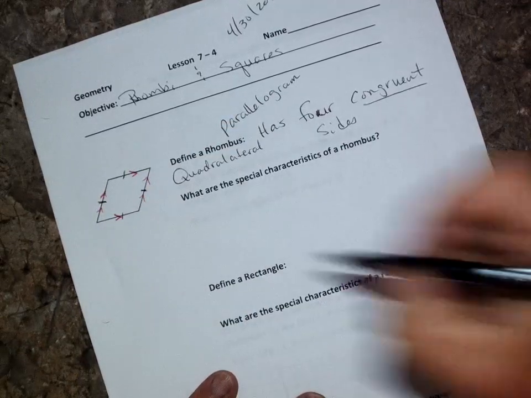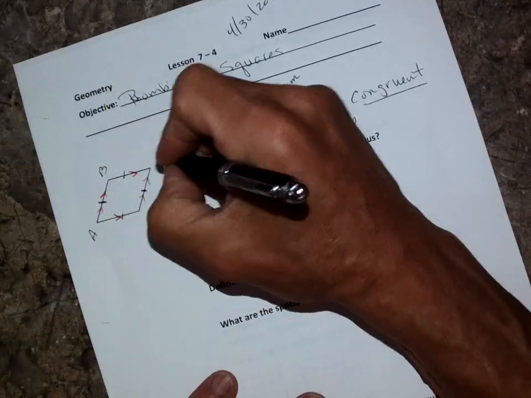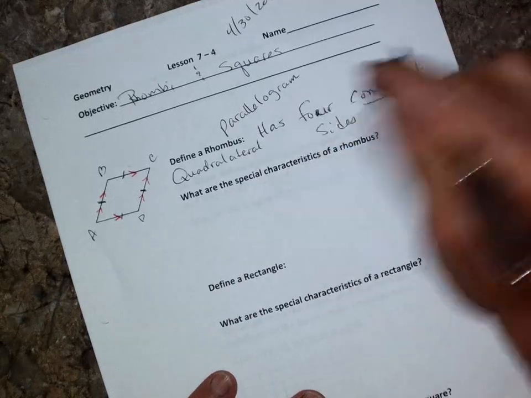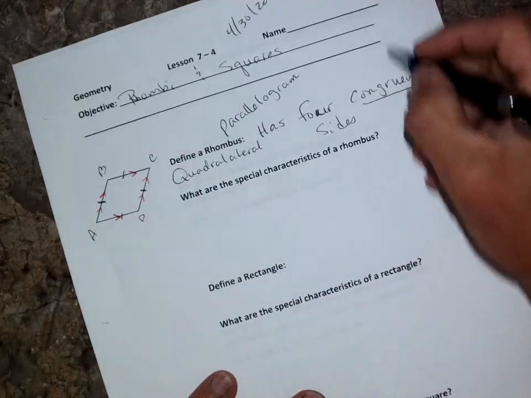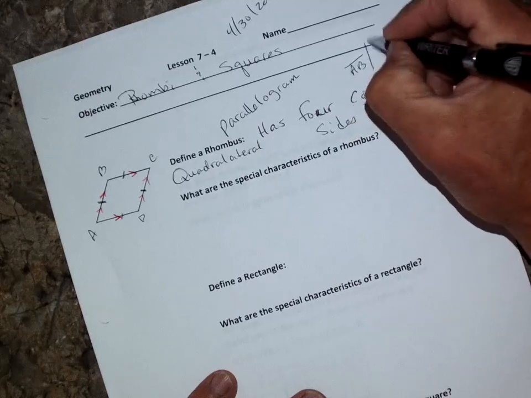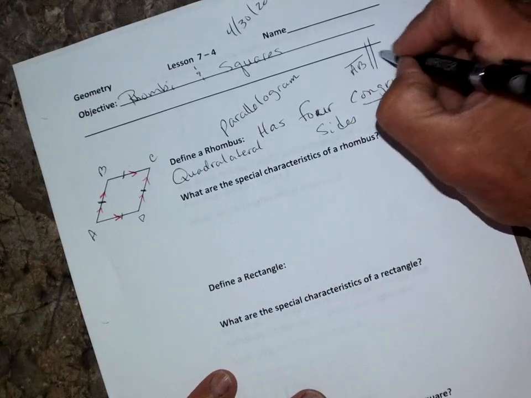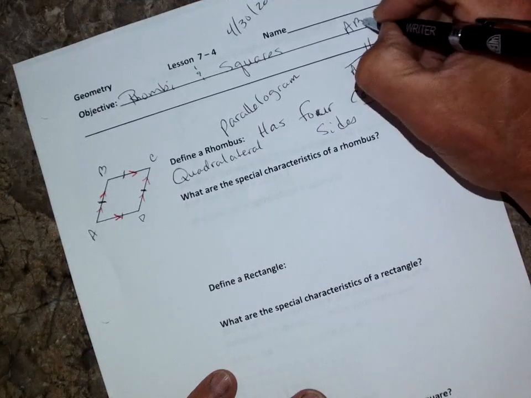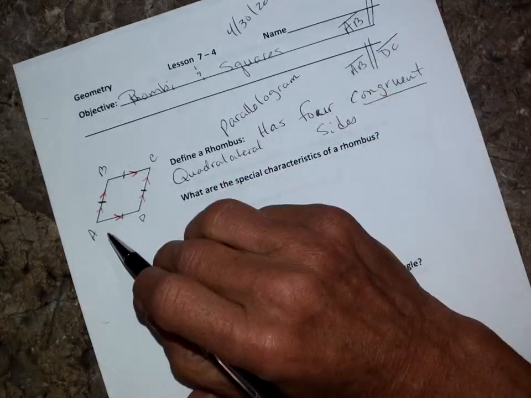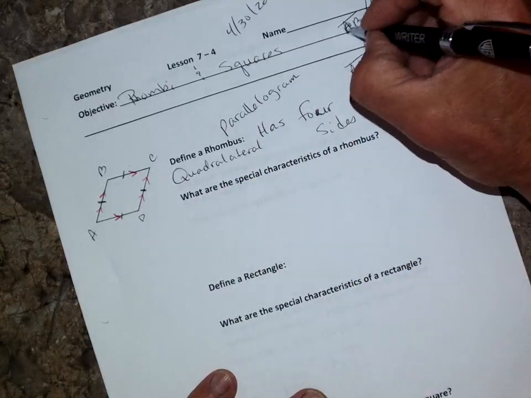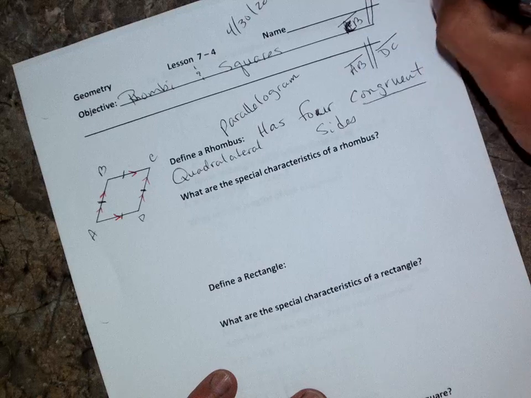If I do my A, B, C, D, what I know for sure is that all sides are equal, and since it's a parallelogram, AB is parallel to DC, and BC is parallel to AD.